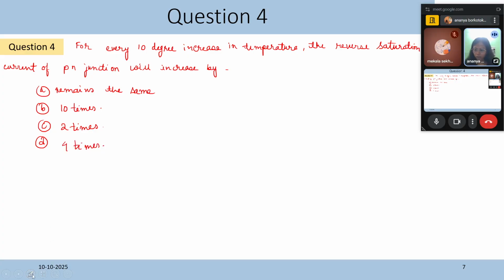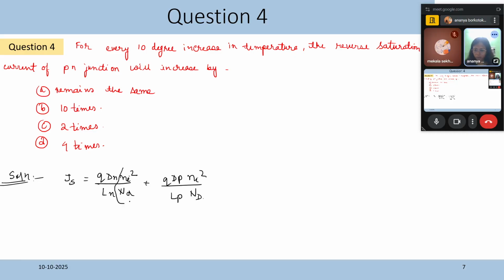So the solution is, if we simply use the equation, then there will be an error. What is the reverse saturation current in a PN junction? The expression is q Dn ni square by Ln into Na, plus q Dp ni square by Lp into Nd.